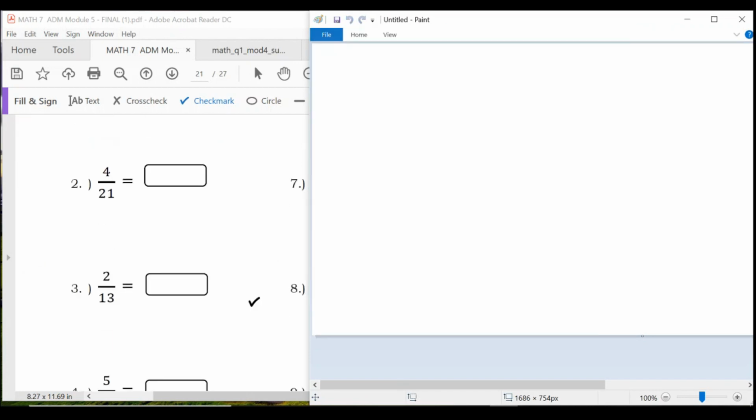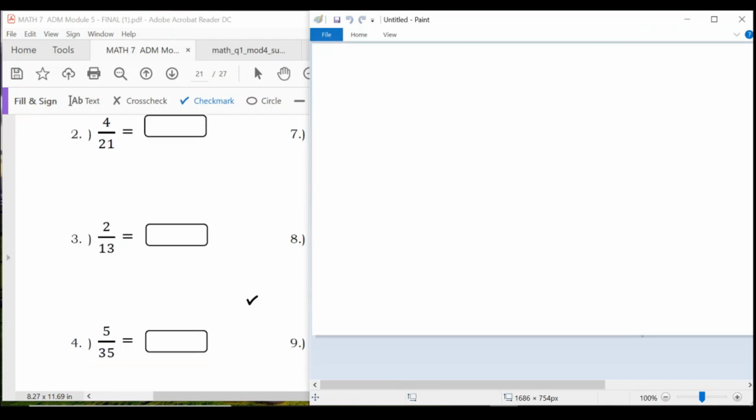So next, we have number 2. Number 2 is 4 over 21. So first, let us see to it that wala na po silang common factor. So simplest form na po. So pag simplest form, then diretso na po tayo sa division.